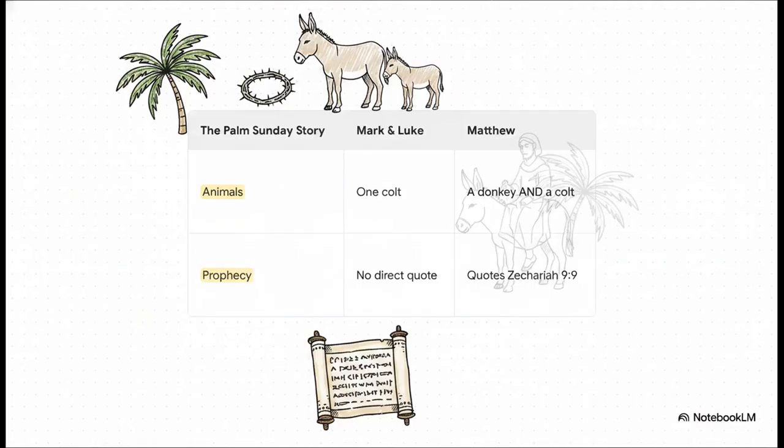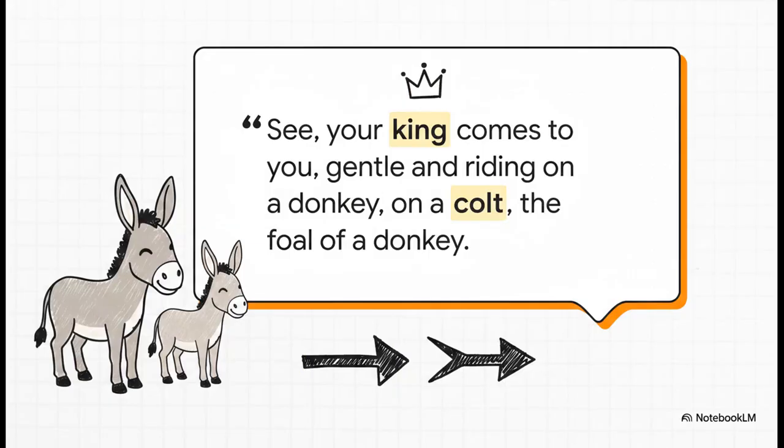Okay, so think about the story of Jesus entering Jerusalem, Palm Sunday. In Mark and Luke, Jesus rides on one animal, a colt. But check out Matthew. He makes this tiny but really weird change. He says Jesus rode on a donkey and a colt. He also sticks a direct quote from the Old Testament in there that the other guys leave out. Why on earth would he do that? Well, this is why. This is the prophecy he quotes.